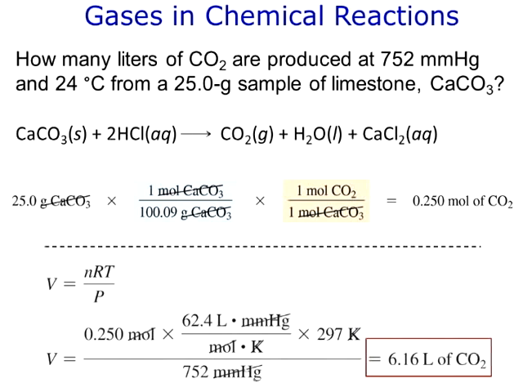So now that we have the moles, we rearrange the equation. V equals nRT over P. We choose an R value constant that has the proper units that we need to match our equation. We know which units to use because we look at the units in the problem, and that tells us which are to be used.